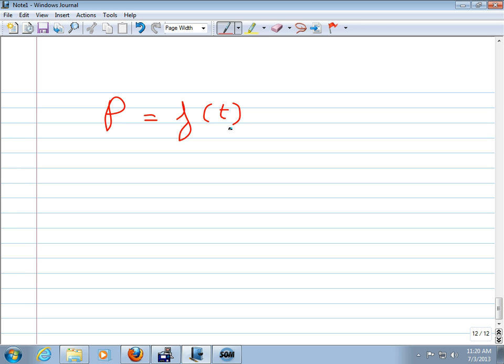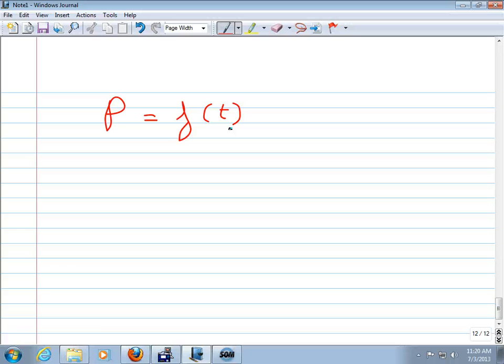T right now is 13, well, 13 point something, but let's say 13. So P is a function of T. P is the number of birds in thousands. So if P is 2, how many birds do I got? 2,000, right? So let's say that f of 13 is 2,000, makes sense.